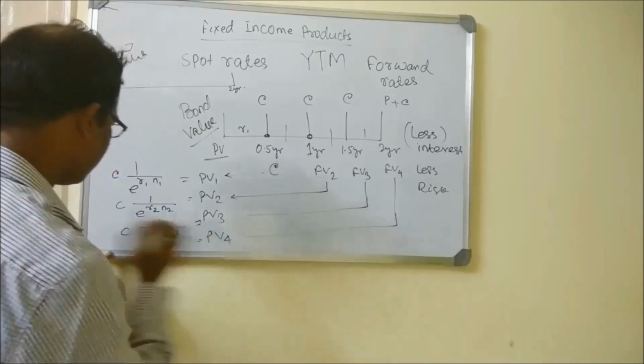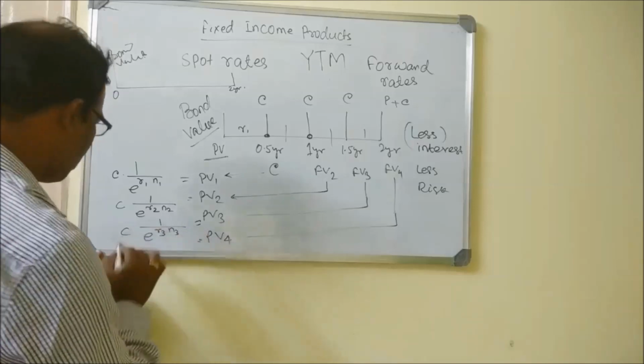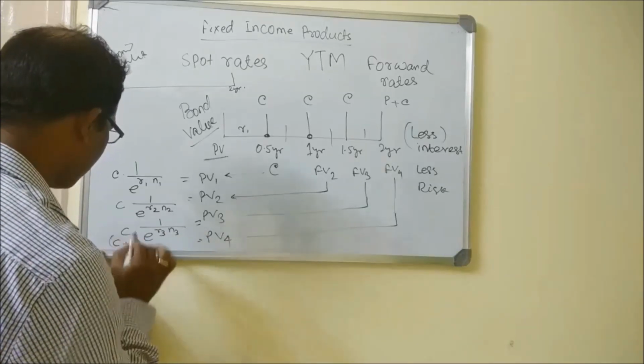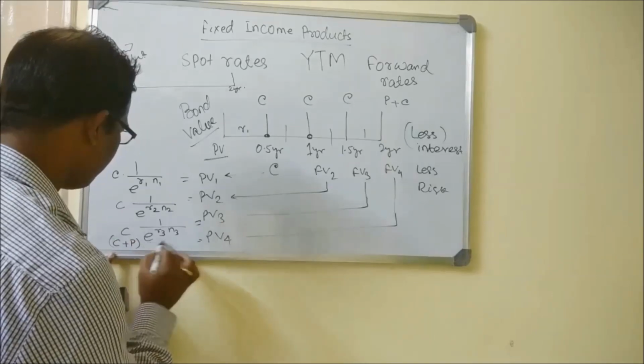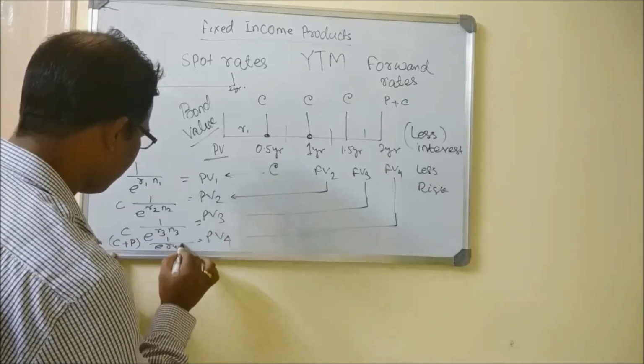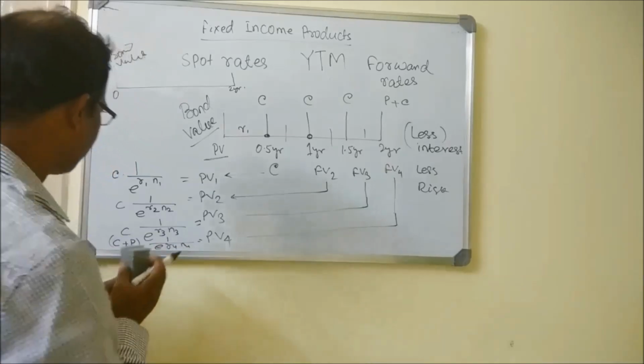Similarly, this is PV4. This time it will not be C alone. It will be C plus the principal, the face value, into 1 upon e to the power R4 N4.